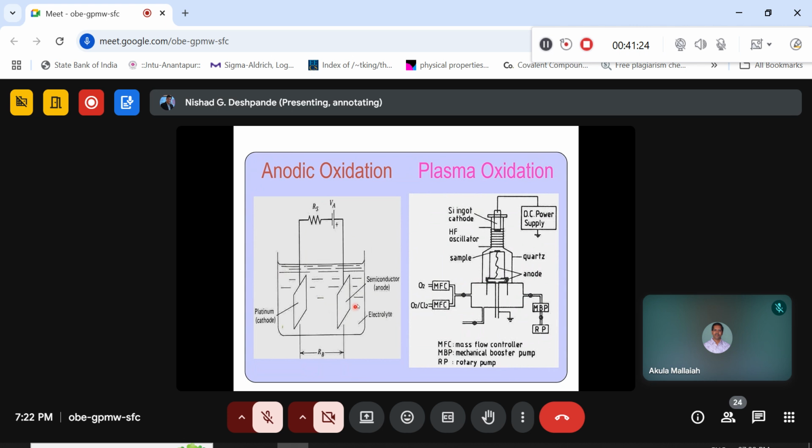Mostly this process is not very well used in the fab, I mean VLSI techniques. This is a very crude process, I can say. The control of the oxide layer or the hydroxide layer depends on the voltage here.